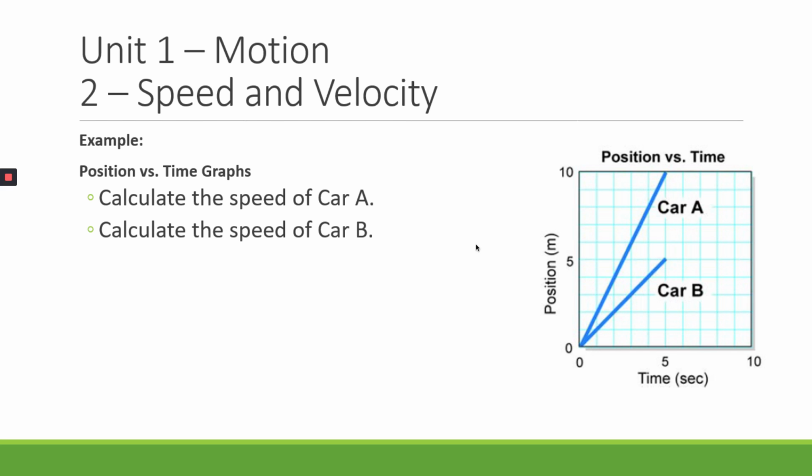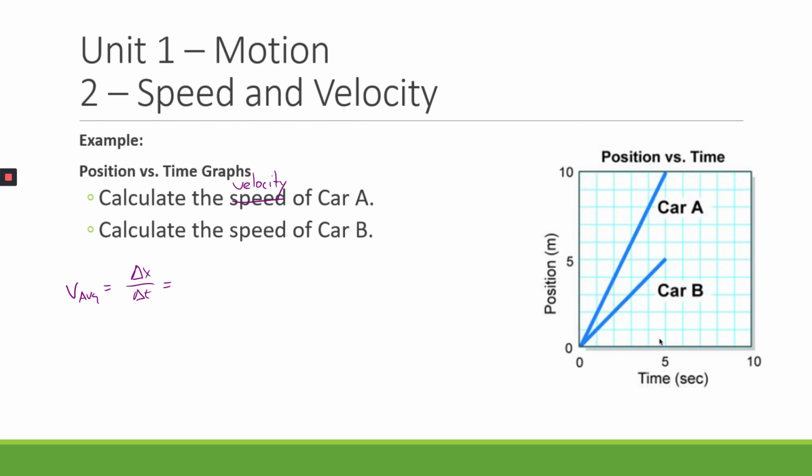Calculate the speed of car A. So speed, I'm going to change this to velocity, just to further start using that term. Okay, so car A, your V average is going to be your delta x over delta t, so it's going to be your rise over your run.